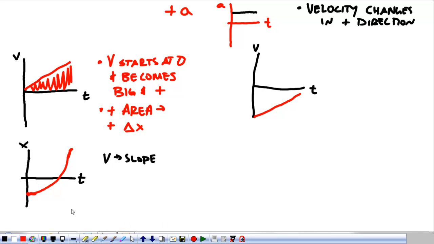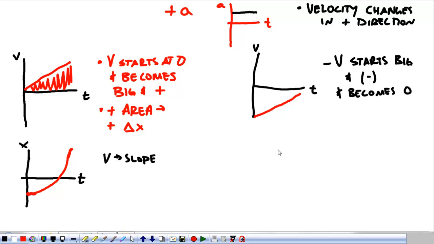So what I see for position versus time is that I'm gaining more and more position each second. That's what I see with this. Now, moving over to this other one, my velocity starts off big and negative, and it becomes 0.